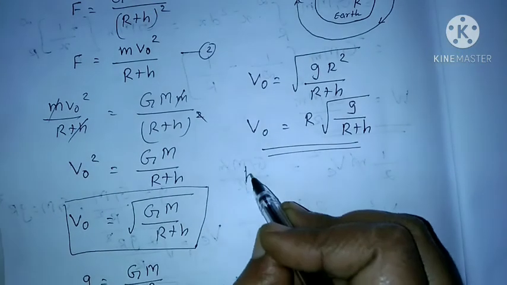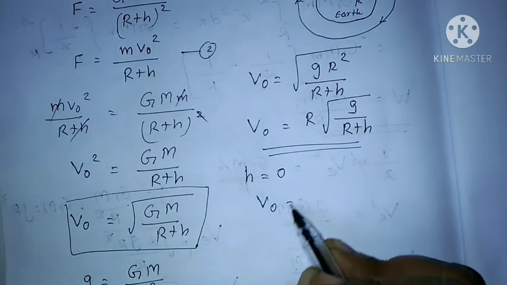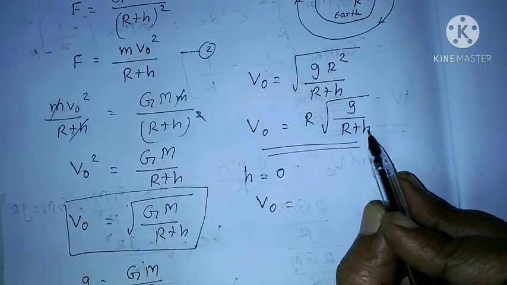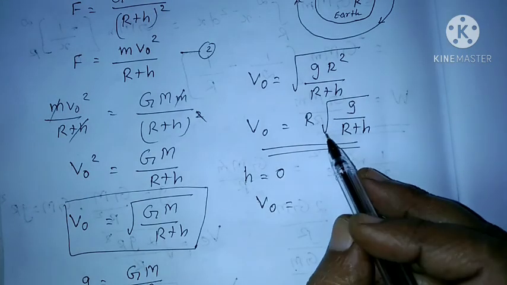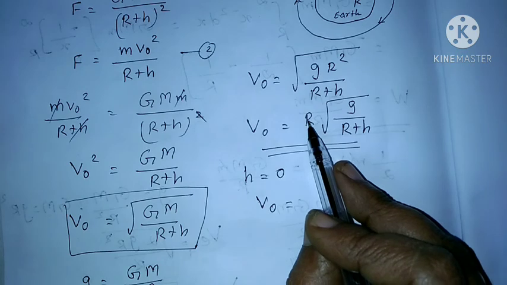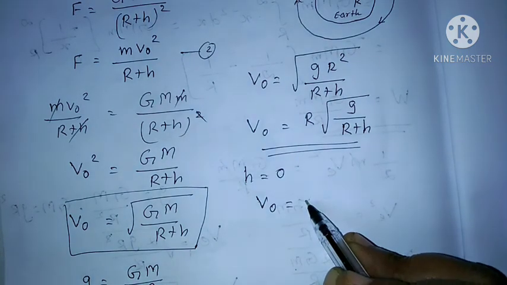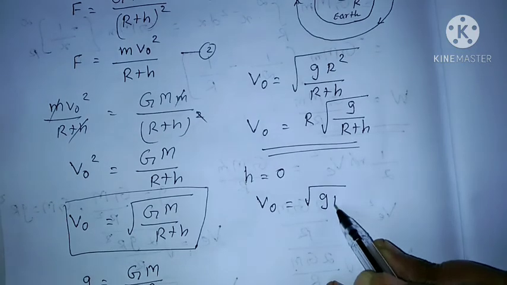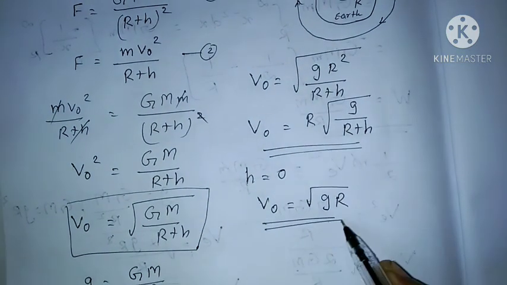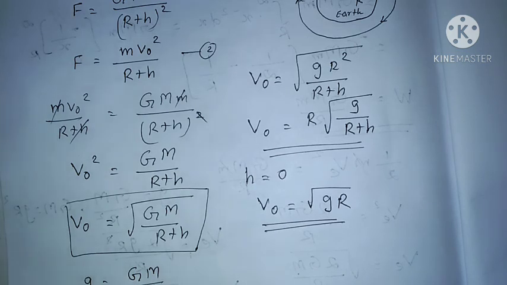Then the orbital velocity v0, with h equal to 0, is root of g R square by R. So we can write root R equal to root R into root R. One root R will cancel, then we get v0 equal to root of g R. So this is the orbital velocity of the satellite when it is very close to the Earth, v0 equal to root of g R.